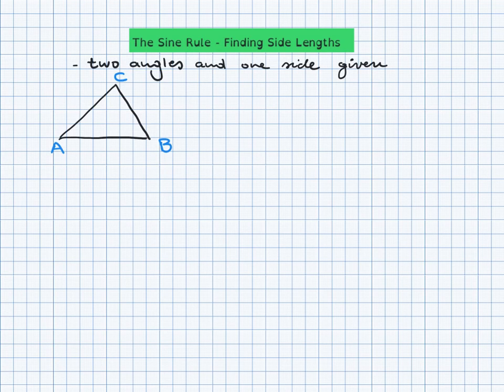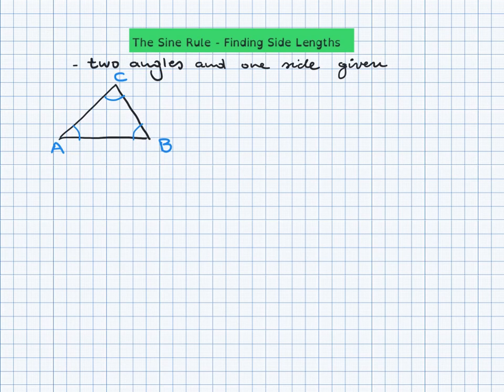So in non-right angle triangles, the corners of the triangle, like this one here, are labeled with capital letters. So A, B, and C. So we have here angles as well. So we say angle at C, angle at B, and angle at A. And corners or vertices.